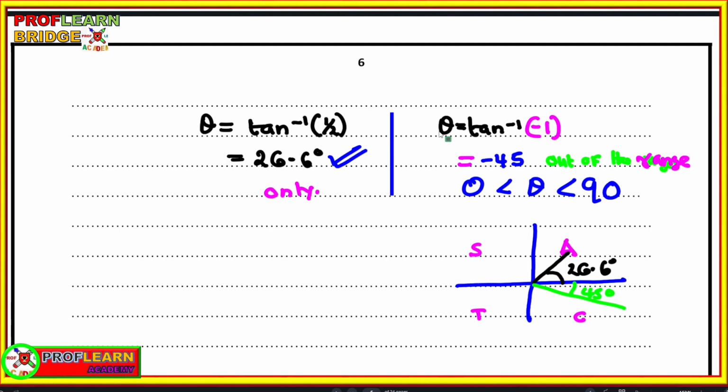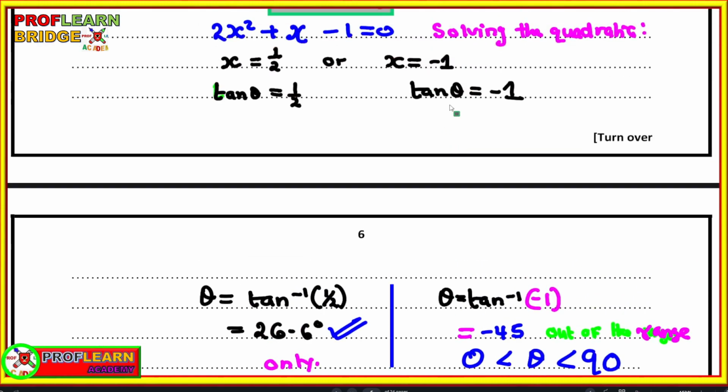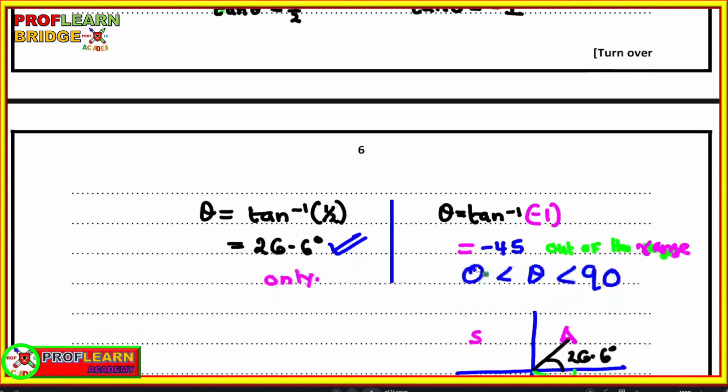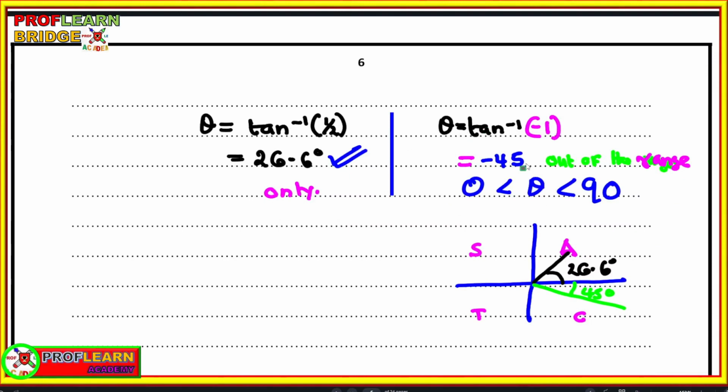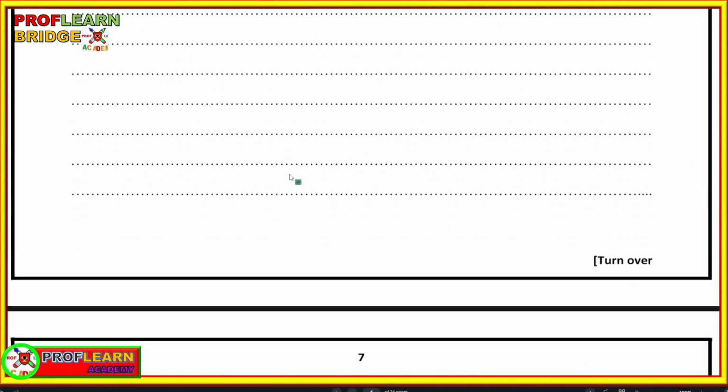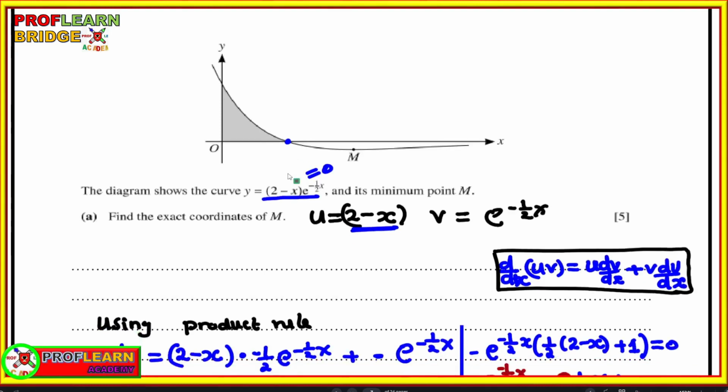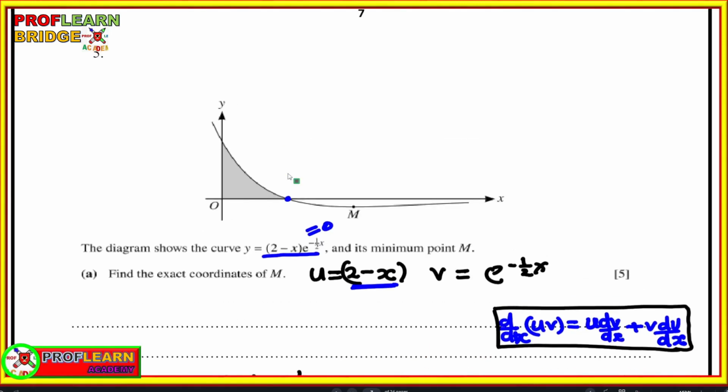And if you solve tan theta equals -1, we are going to get -45. And you can see this one is out of the range since we were given theta should be greater than 0 but less than 90. So the solution that we're going to take is 26.6 degrees.